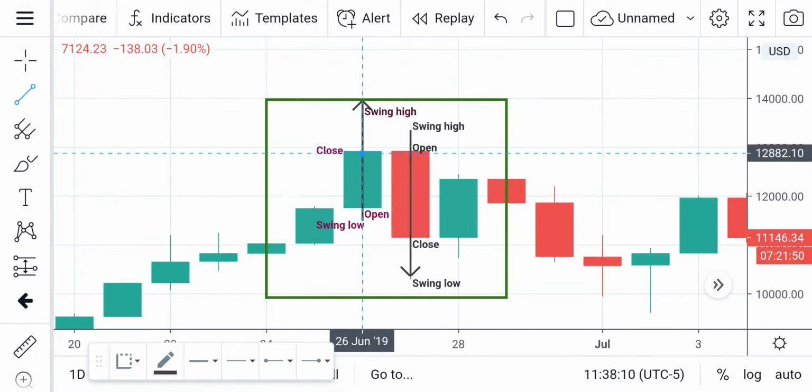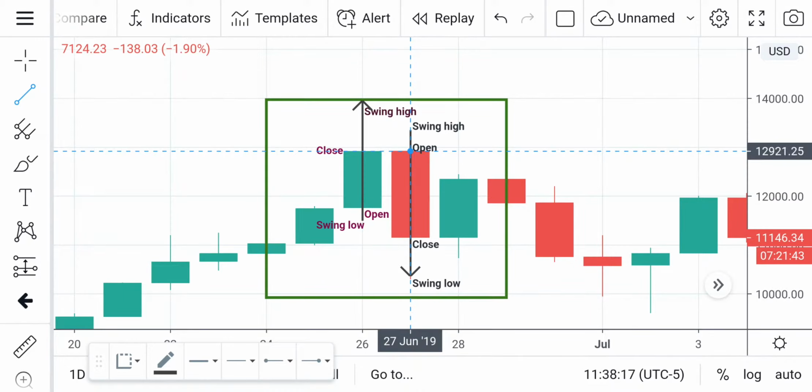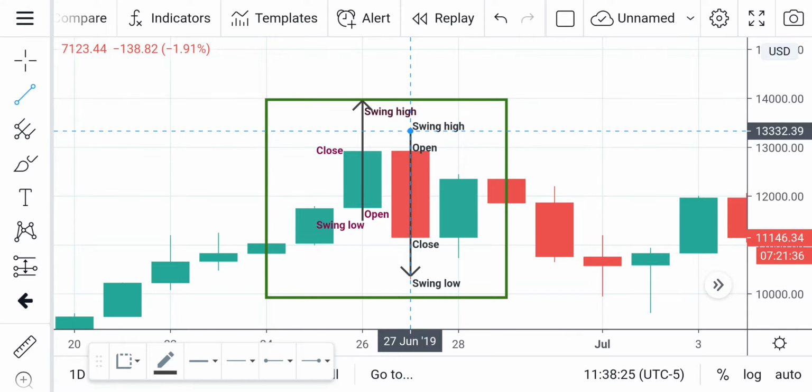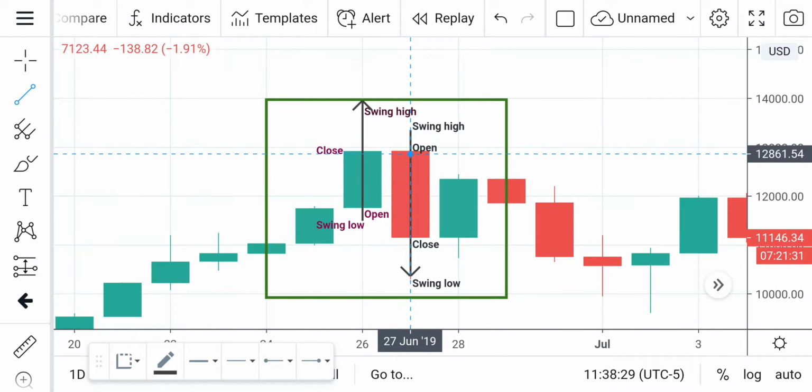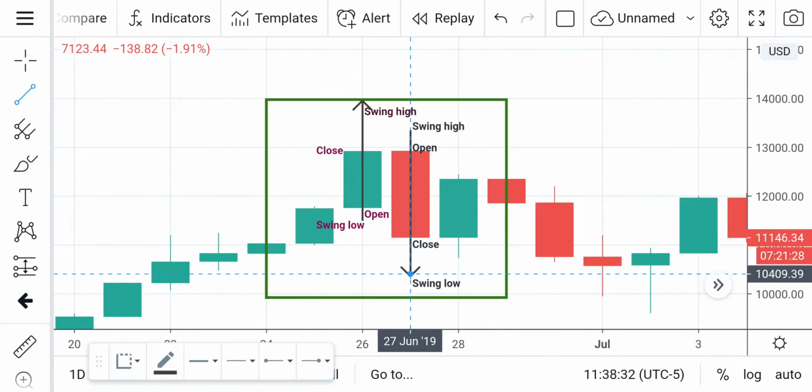So when the price closed there, let's assume it's a 1 hour time frame. So after 1 hour, the price now opened here. When the price opened here, buyers gained control and pushed the price to this swing high. At this point, they got exhausted and sellers pushed the price all the way down to this swing low over here. But at this swing low, sellers also got exhausted and buyers pushed the price here, and the candle closed after another 1 hour.